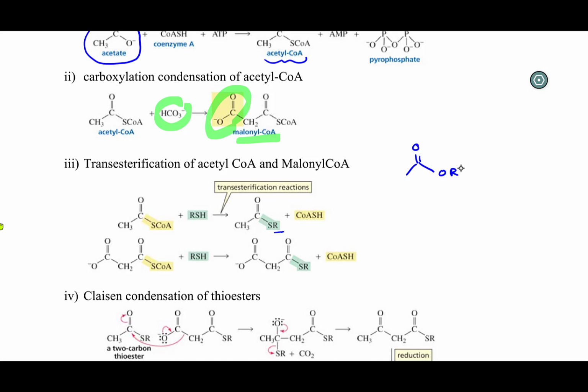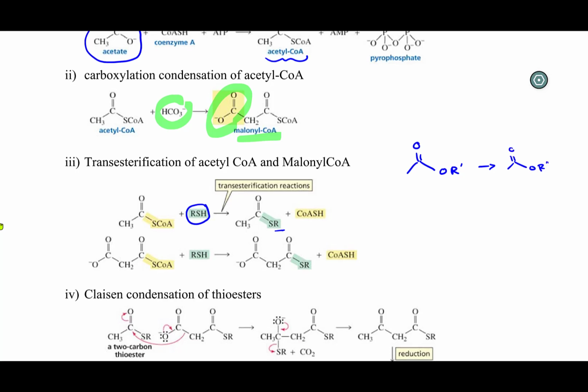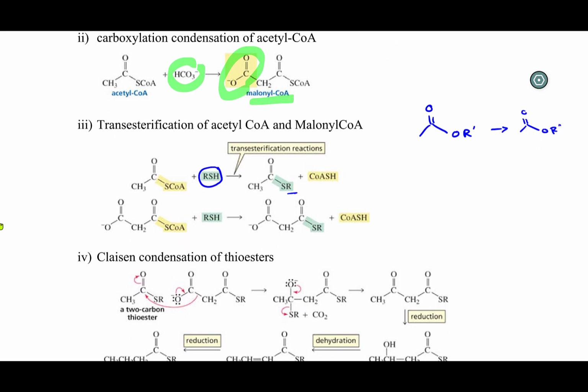So if this is OR prime and then you switch it to OR double prime, that's a different R group, that's a transesterification reaction. So what actually happens is there's a thiol, which is part of a protein, which does a transesterification with the acetyl-CoA to form a different thioester.